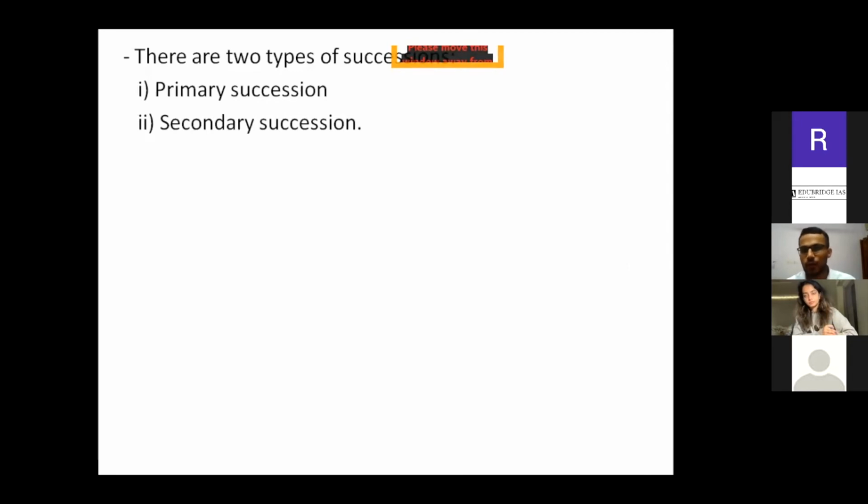I have not made slides for this particular topic. If you want to write, please write. So primary succession is the succession which occurs on an entirely new habitat.